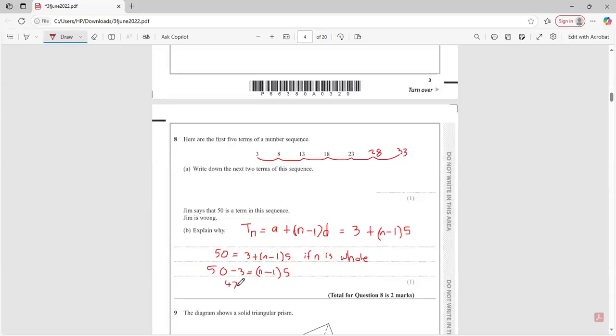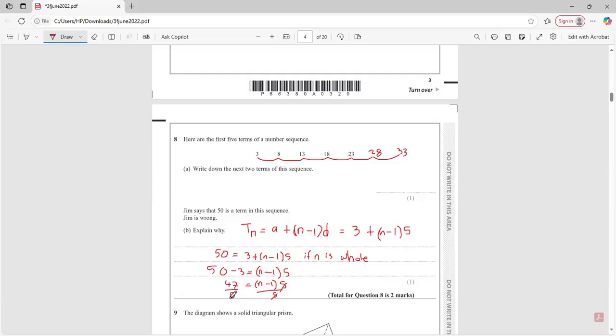I can already see that things are not going to play out nicely. 47 equals (n minus 1) times 5. To take care of 5, I'll divide both sides by 5, and this is what I'm going to have: 47 over 5.